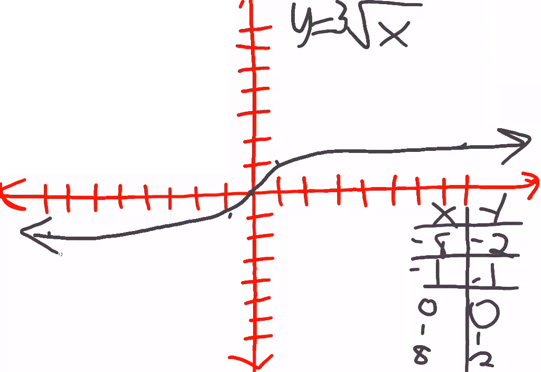Now let's talk about the graph. What is going on here? Well, our point of inflection. That means where is the graph changing, whether it's increasing or decreasing. Okay, so it looks like the graph is increasing all the way up to there.